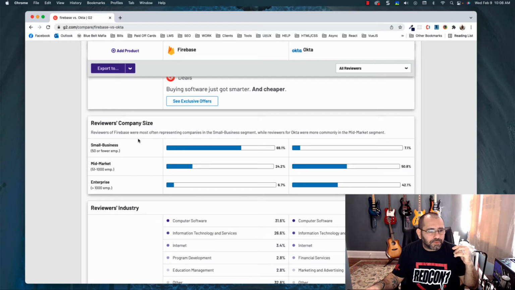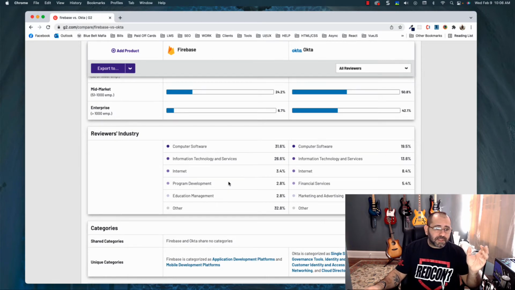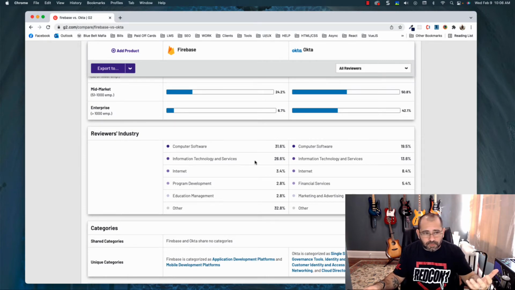As far as the reviewers' company size, most of the people that reviewed Firebase were small business people, whereas most people that reviewed Okta were in the mid-market to enterprise level. And the reviewers basically were people from the computer software and IT industries. So that's good.